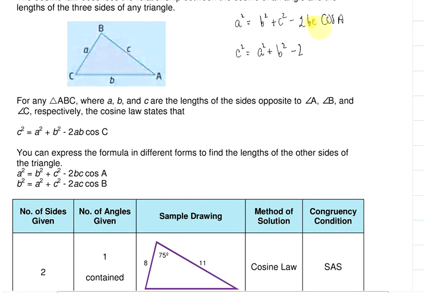Minus 2, instead of b times c, it would be a times b, and then cos of C, which is opposite the side I want. And then if I wanted b squared, I keep the same format. I'd square the other two sides that I don't have, so a squared plus c squared minus, and then 2 times a times c, and then cos of angle B.